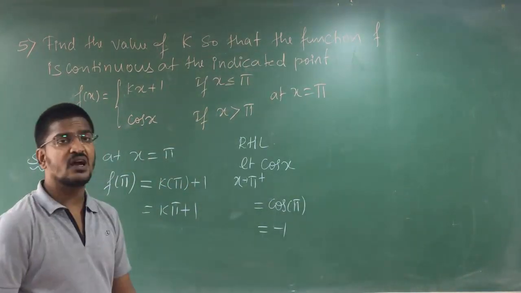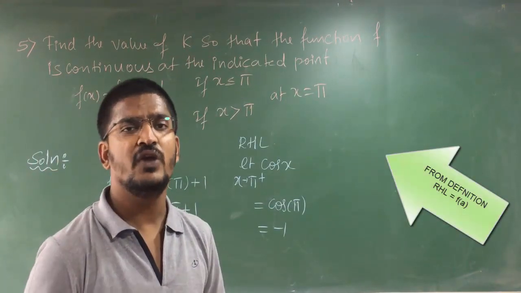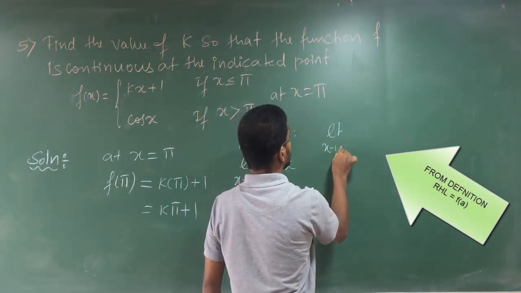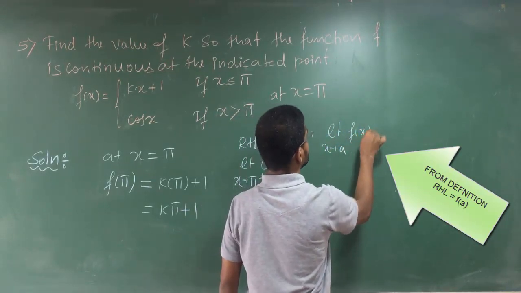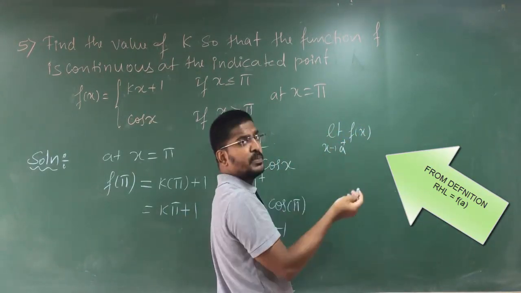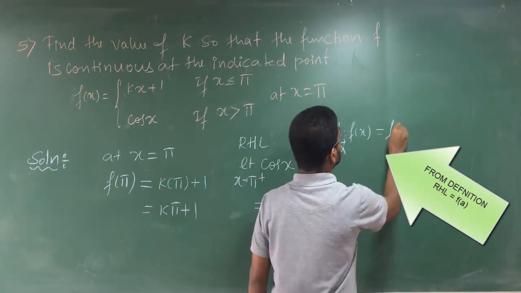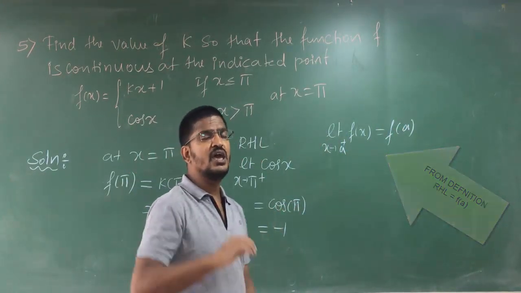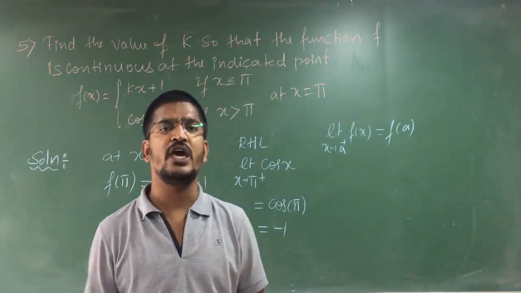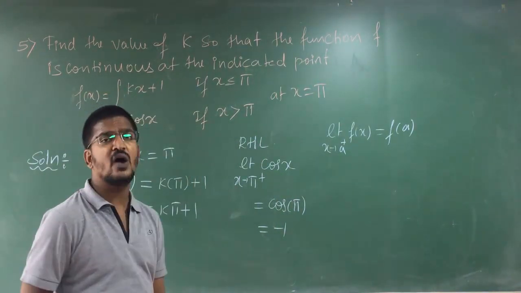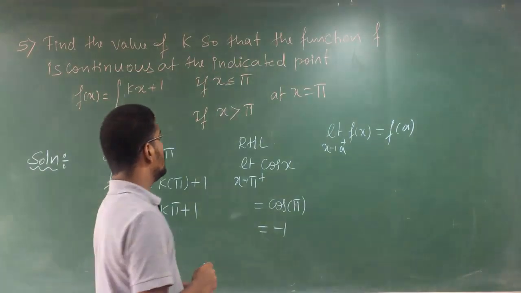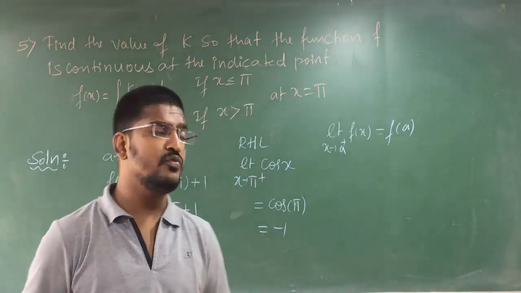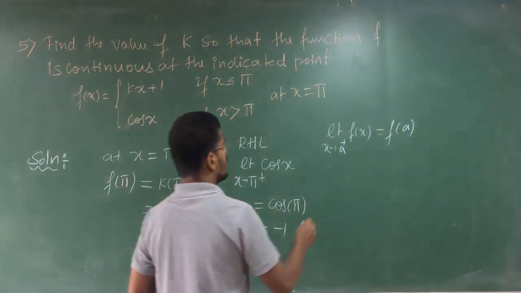So from the continuity of the function, we know that limit x tending to a, f of x, or limit x tending to a plus f of x is equal to f of a. That means RHL is equal to f of a, LHL is equal to f of a. So in our problem, we have the right hand limit. So using RHL, we can write it as cos pi.